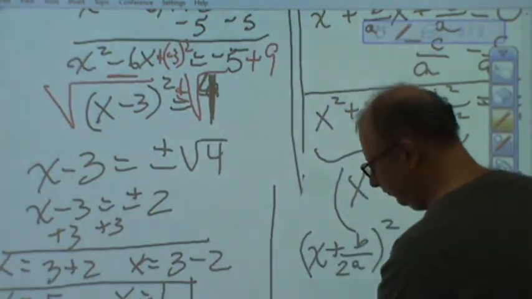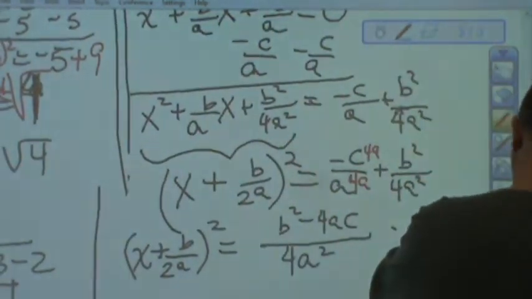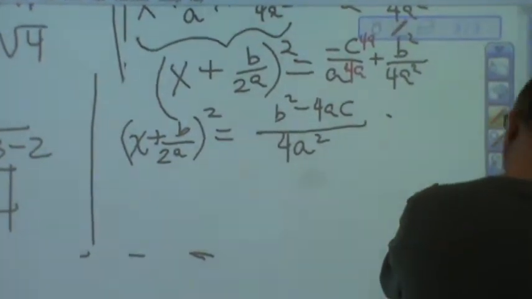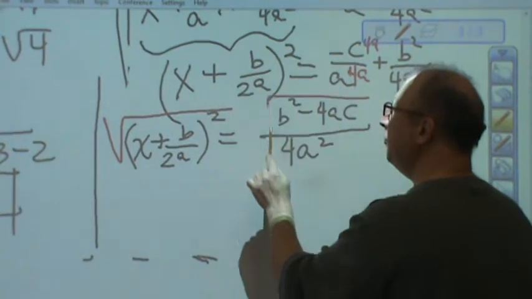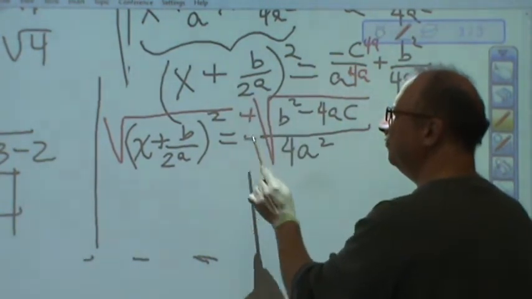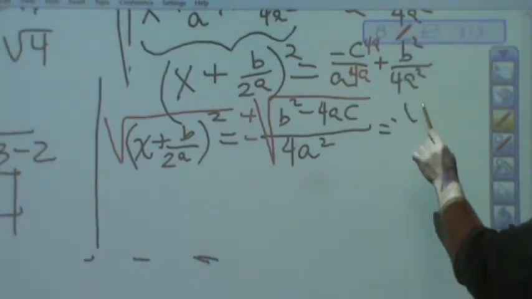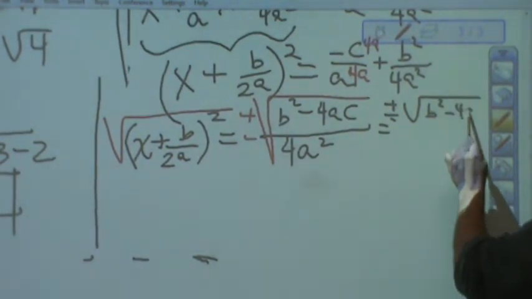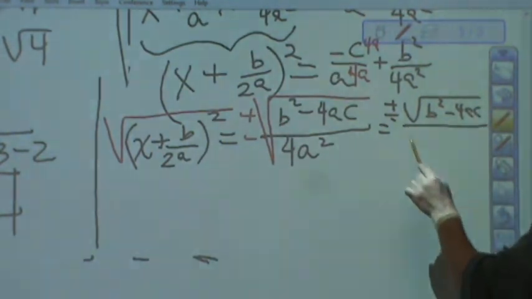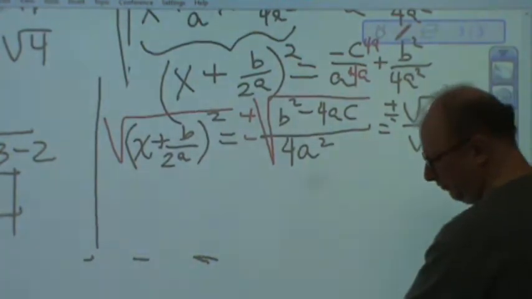Let's look at it again. If I turn around and take the square root on both sides, plus or minus, look what I'm left with. Square root plus or minus b squared minus 4ac over square root of 4a squared.